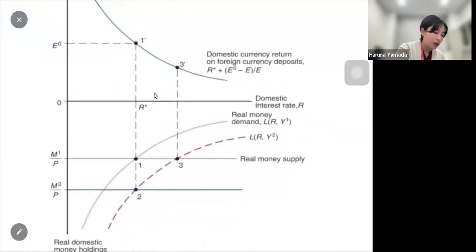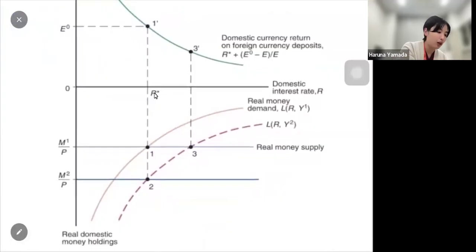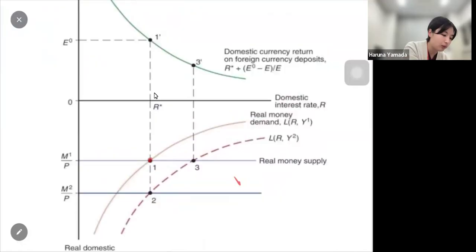So now suppose the economy is at point 1 here. The real money supply is here, and the real money demand is here. Given the real money demand and the money supply, the economy is at equilibrium at E1, at point 1.